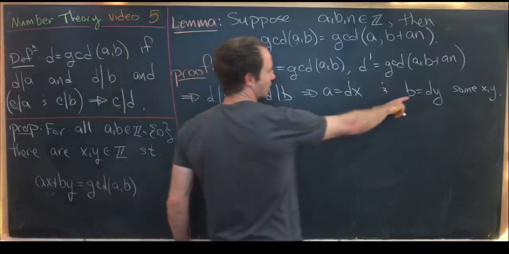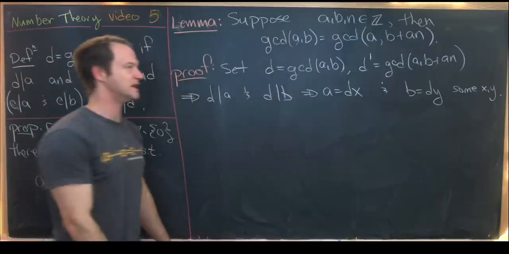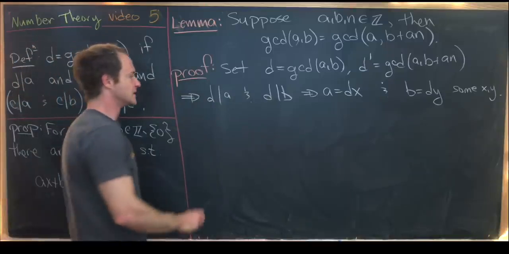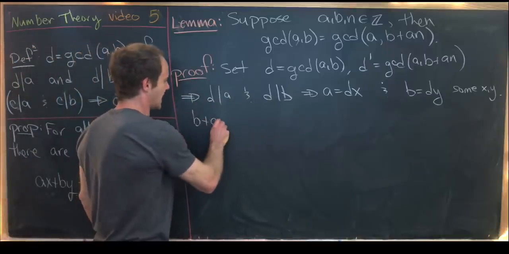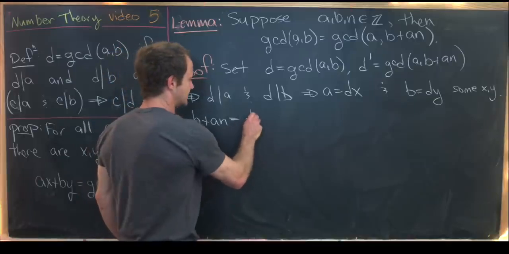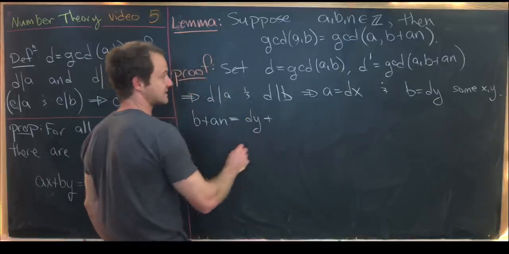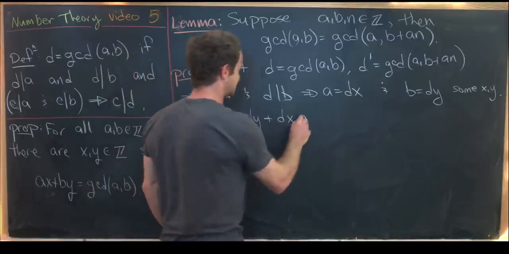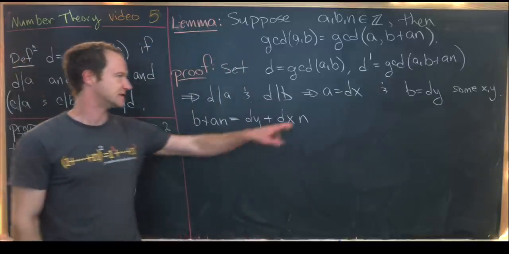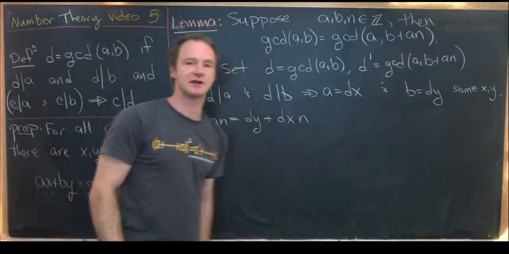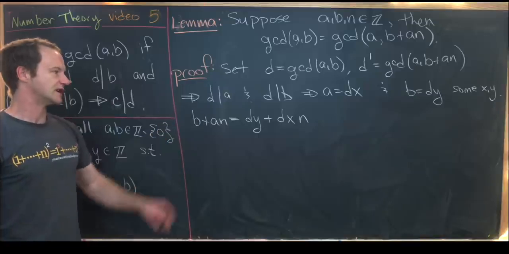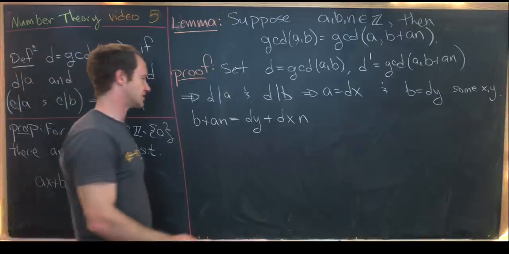We probably want to look at something of this form, b plus an. So notice that b plus an is equal to dy plus dx times n. That's just from using this substitution right here and here for a and b, which we got because of this divisibility condition.